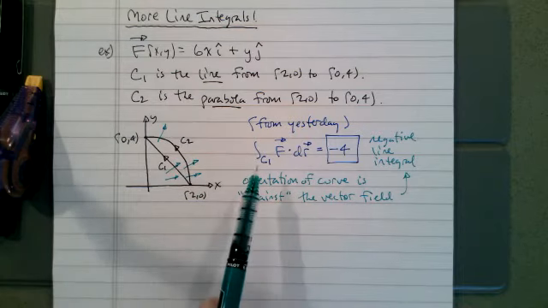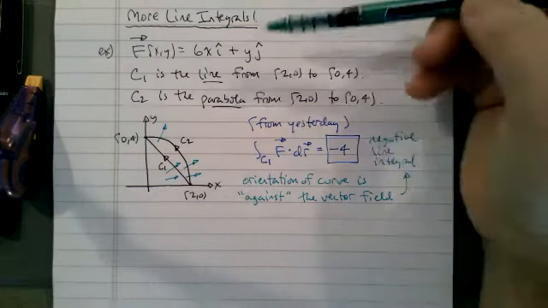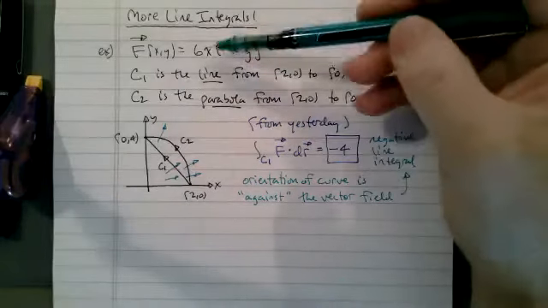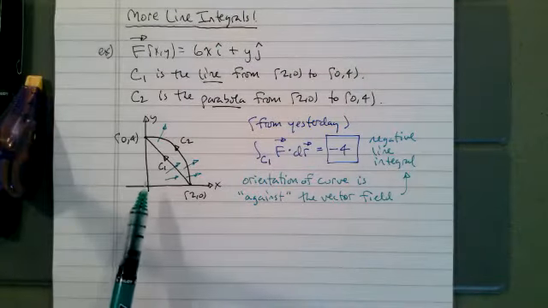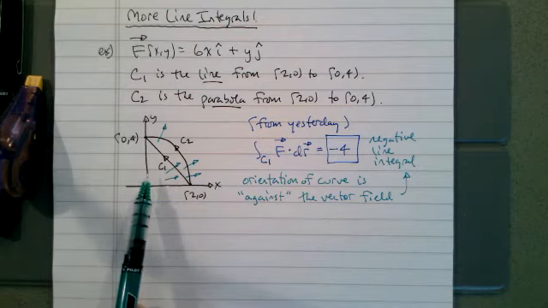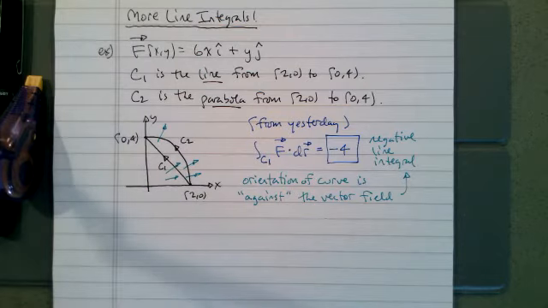It's also going up because we're in the first quadrant, and this yj is making the vector field go up. But the 6x is pushing the vector field from left to right, except at the y-axis where it's going directly up. So generally, the orientation of the curve is against the vector field.